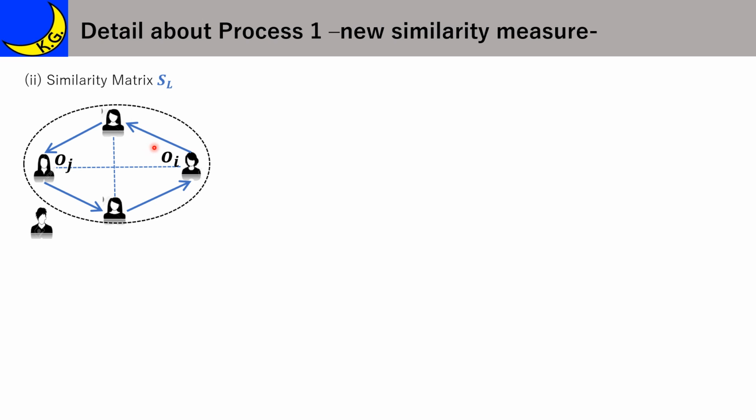In addition, in this study, when OI can reach OJ by following some directed relationships, we add the new similarity between OI and OJ as a transitive relationship indicated by the dotted blue line. We expect that this densification of similarities increases the quality of SL.